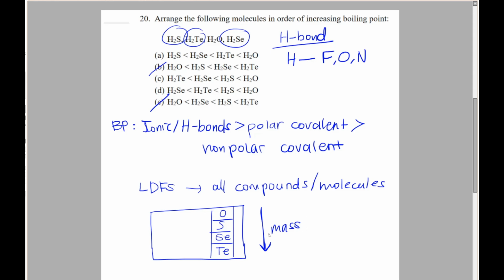So our second highest boiling point should be H2Te. So let's write this down. Our next most massive molecule is H2Se, which will have our third highest boiling point. And then our lowest boiling point should be H2S. So that matches up with answer choice A. So our answer should be A.